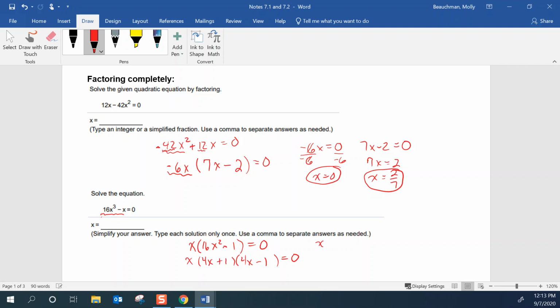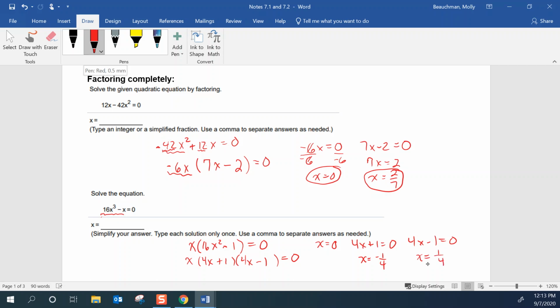So as we set each individual factor equal to 0, even though our original equation was actually a cubic, third degree, we can still use our factoring of quadratics to solve. So we get x is equal to negative 1/4 by subtracting 1, dividing by 4, and positive 1/4 by adding 1, dividing by 4.